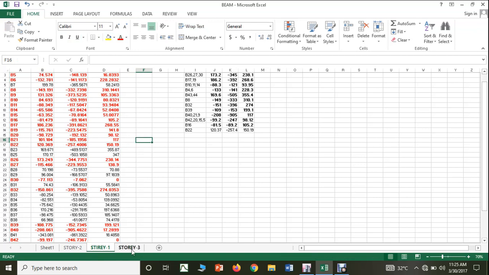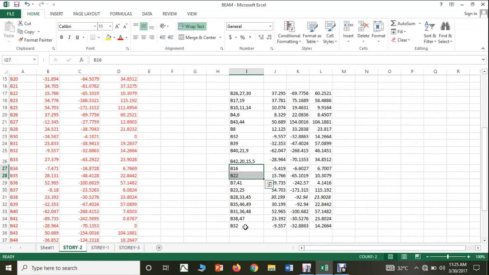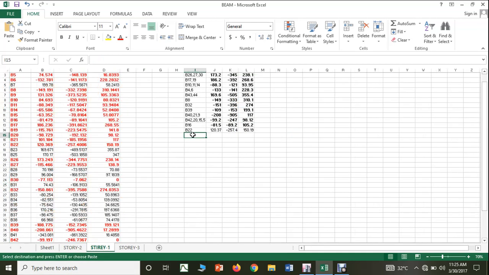Then the next group that you can expect to have is 7 and 41. So this will be your 7 and this will be 41.